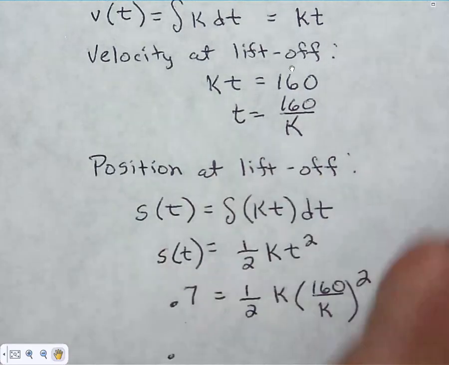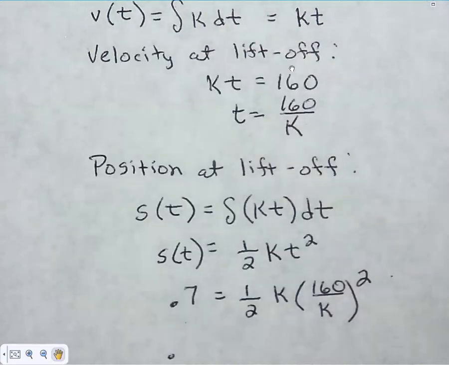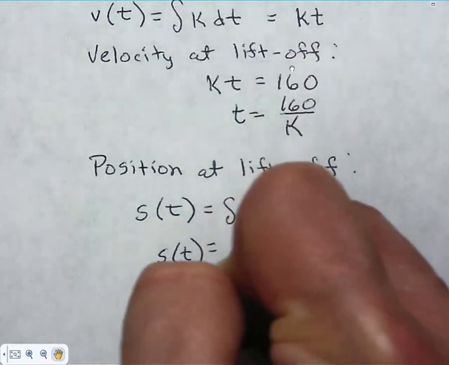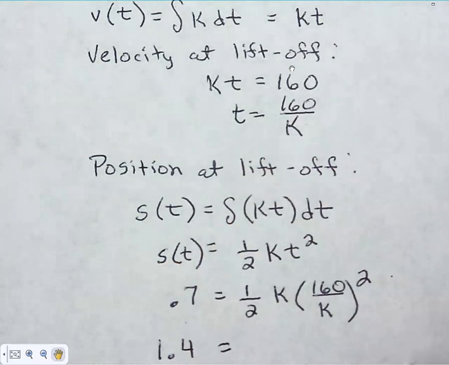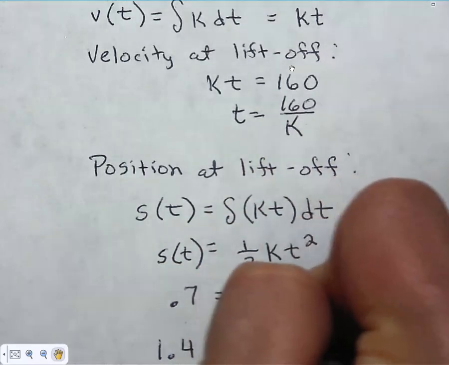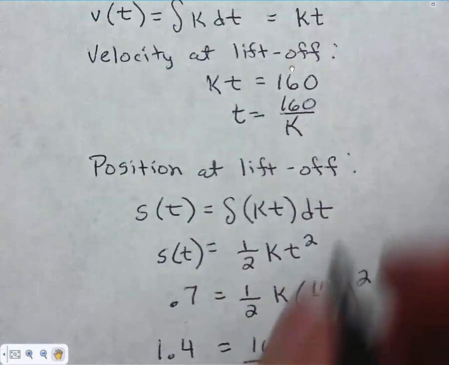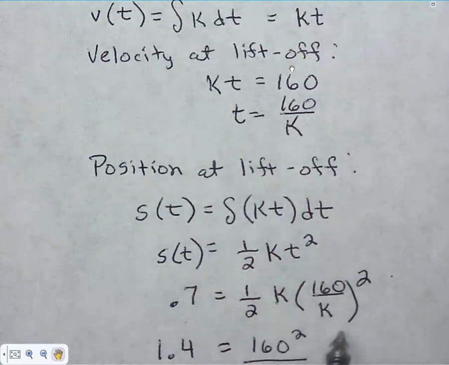So 0.7, I'm going to go ahead and multiply both sides by 2 to clear out the fractions. 1.4 equals 160 squared over, I'd have a k in the denominator because that would be k over k squared.